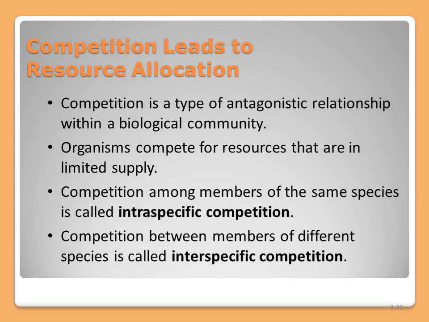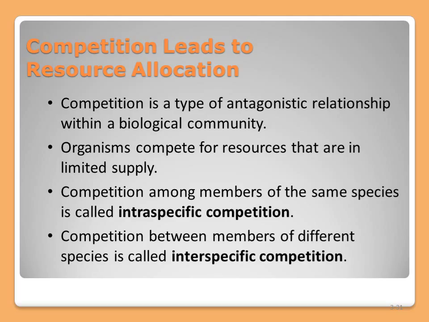If members of the same species are competing against each other, then it's called intraspecific competition. So let's say we're looking at the rabbit and the fox, and the rabbits are trying to find enough food to eat, and there's not a lot of food to go around, and only certain rabbits are getting enough food.